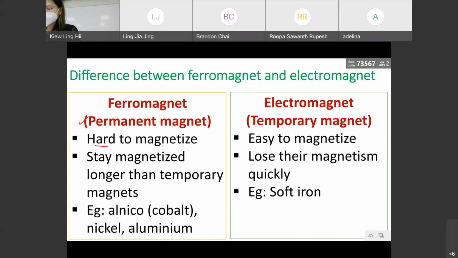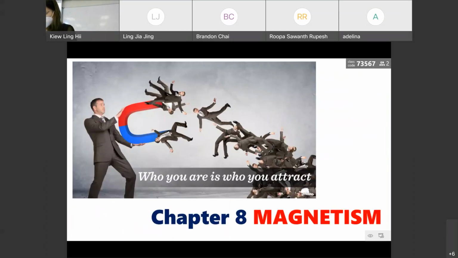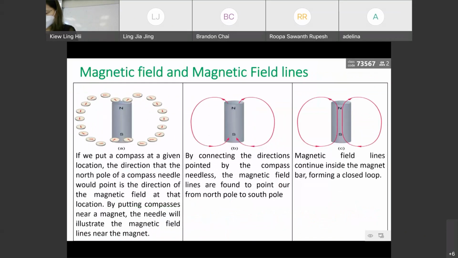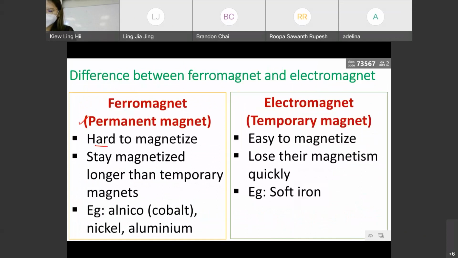So it stays magnetized longer than a temporary magnet. The examples are iron, nickel, cobalt, aluminium.